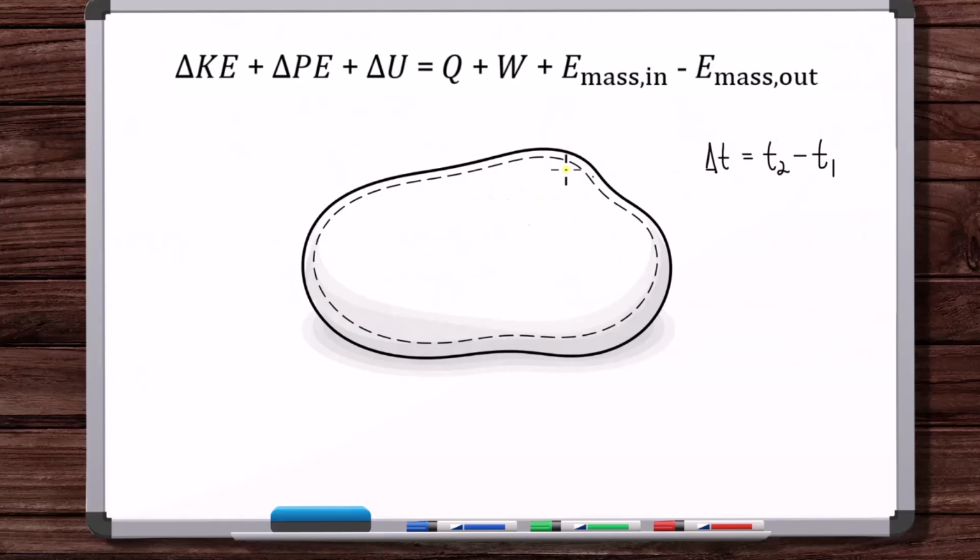Then you go to the picture for time t2, and you add up all of the energy content that is internal energy. Subtract the internal energy at time t2 minus the internal energy at time t1. That's delta U. Do the same thing with the bulk potential energy, the change in bulk potential energy, and the change in the bulk kinetic energy. Add up all of these changes, and you get the total change in the energy content balance within the system going from time t1 to time t2.